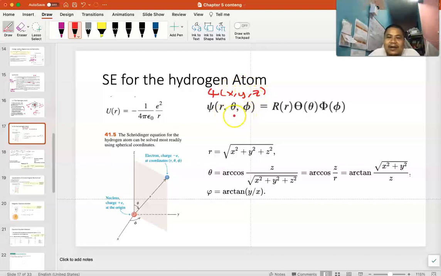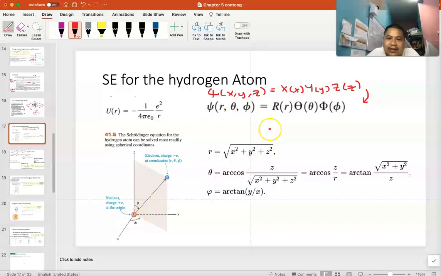Previously we separated the function into x, y, and z for the particle in the box, right? So now we have to transform into spherical coordinates.